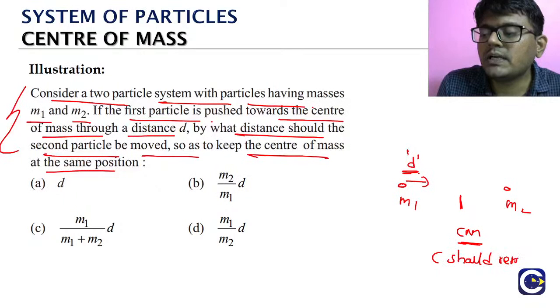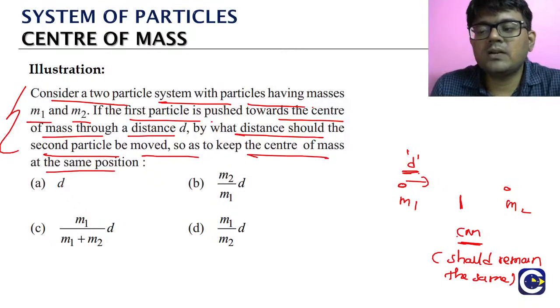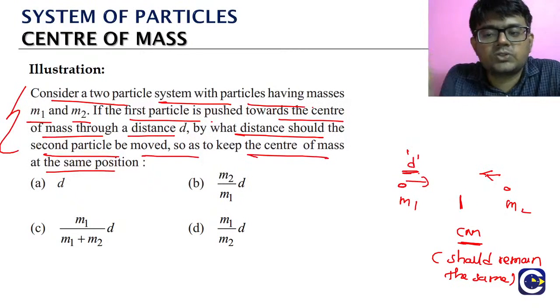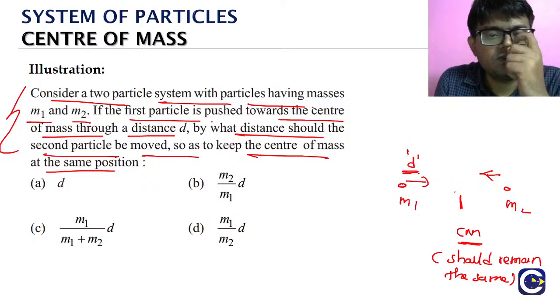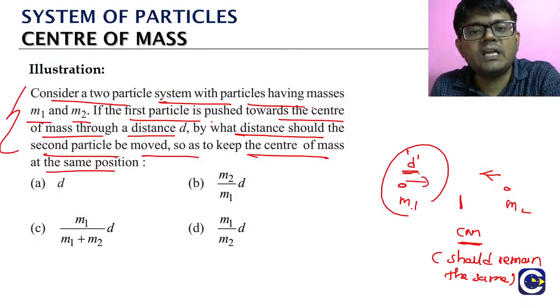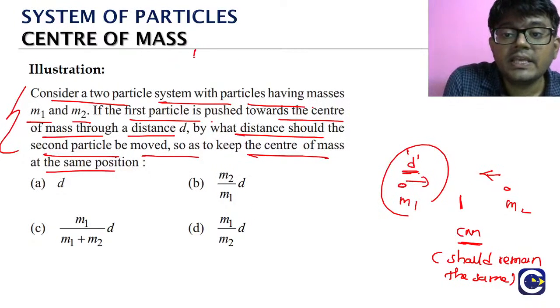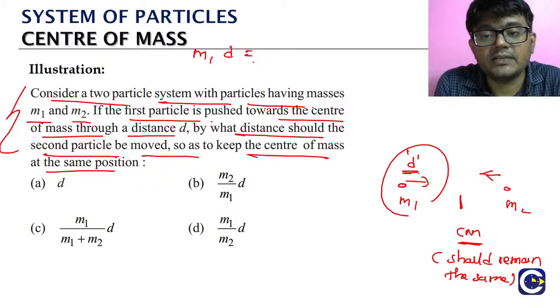So the center of mass should remain the same. For that, what should we do? We should push this second particle also by some distance towards the center of mass. How? The moment of mass for the particle, we have already said, is m1 times the displacement or the distance moved by it.